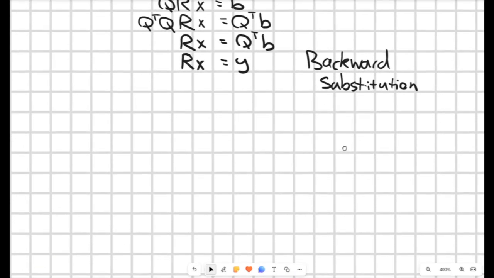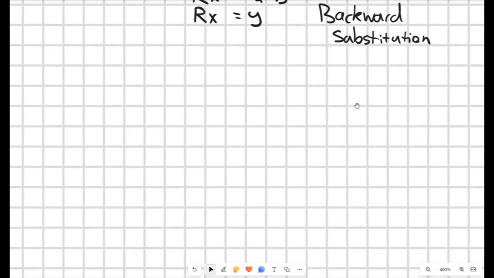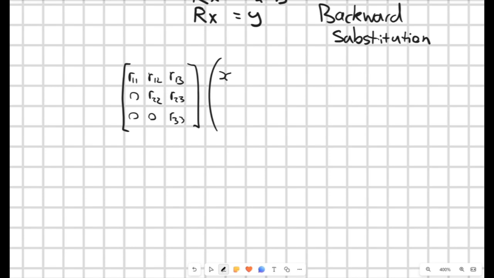So for the 3 by 3 case, R is going to be equal to, again it's upper triangular, so R11, R12, R13, and R22, R23, R33, with everything else set equal to 0. x has 3 elements, x1, x2, and x3, and it's going to be equal to y, which is y1, y2, y3.